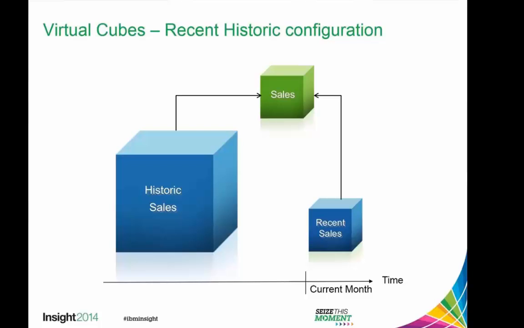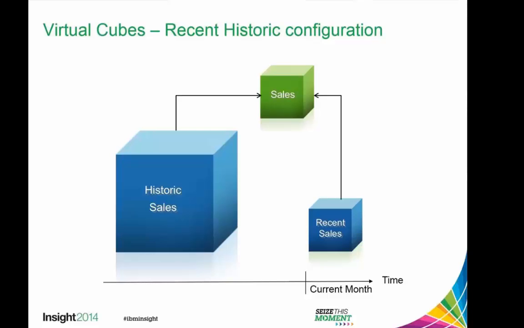And the reason for doing this is that because the historic sales information is a lot bigger and it doesn't actually change, you can keep the cube up and running for a lot longer, keep the caches going a lot longer, and aggregates warm and primed for a lot longer.